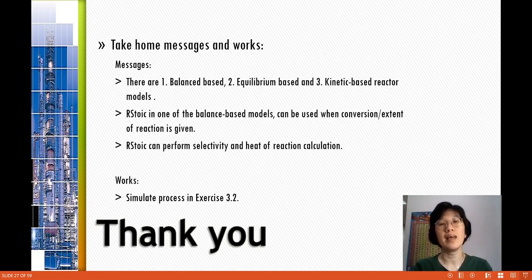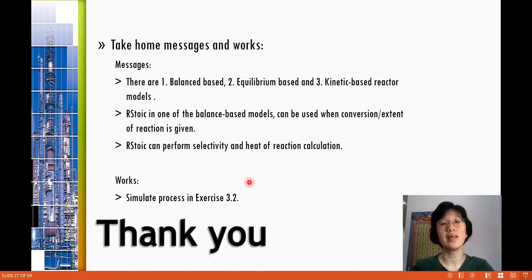And in Part A, we focus on R-Stoic, a balance-based model, which can be used especially when conversion or extent of reaction is given to you. R-Stoic can calculate the heat of reaction for you, and you can also perform the selectivity calculation based on the simulation results.